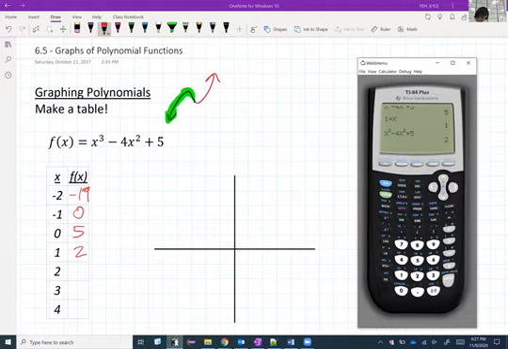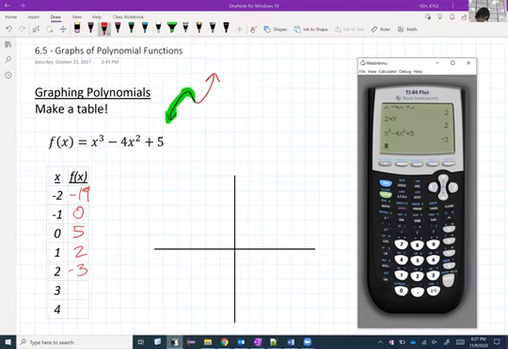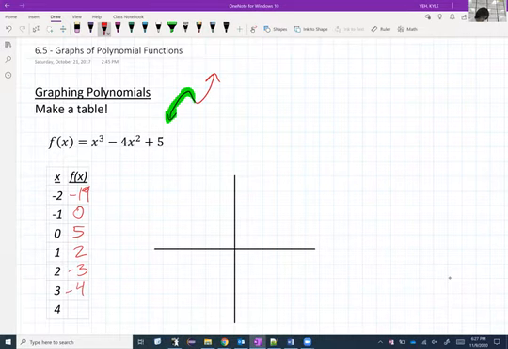So let's do a couple more. 2 store x, we've got to find where does this thing start its upturn. Not there. 2 is at -3. What about 3? If I plug 3 in, I get -4, still going down.